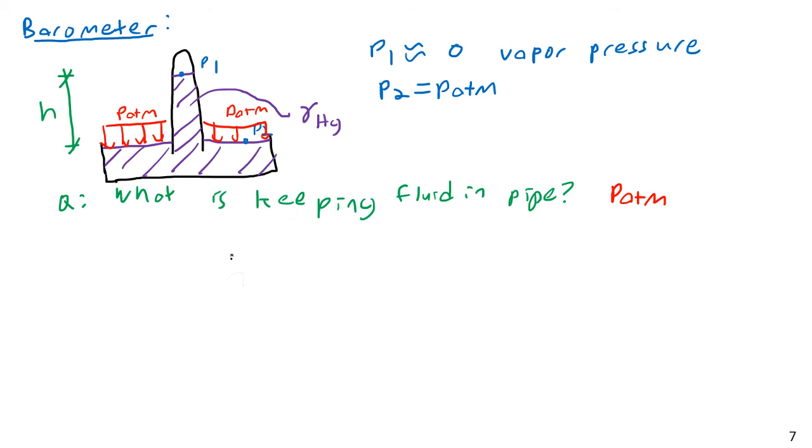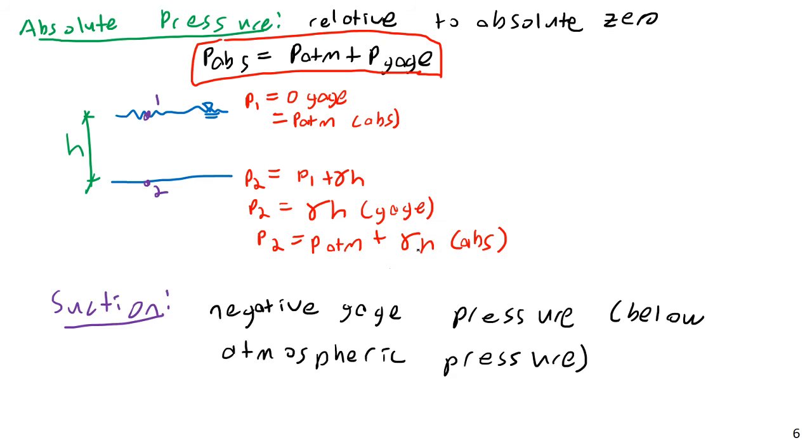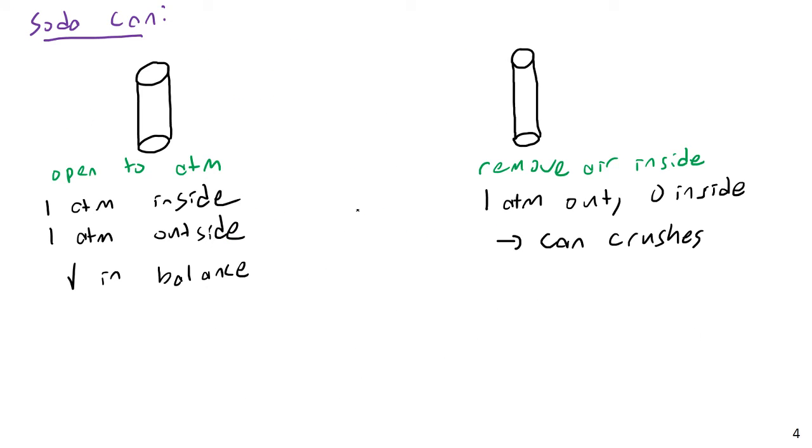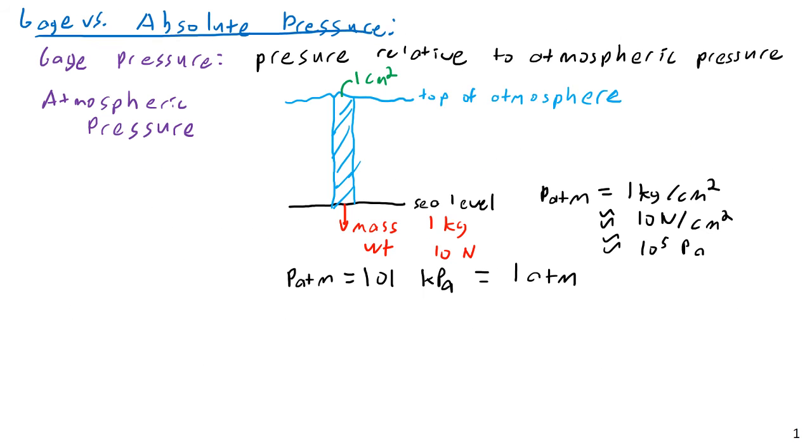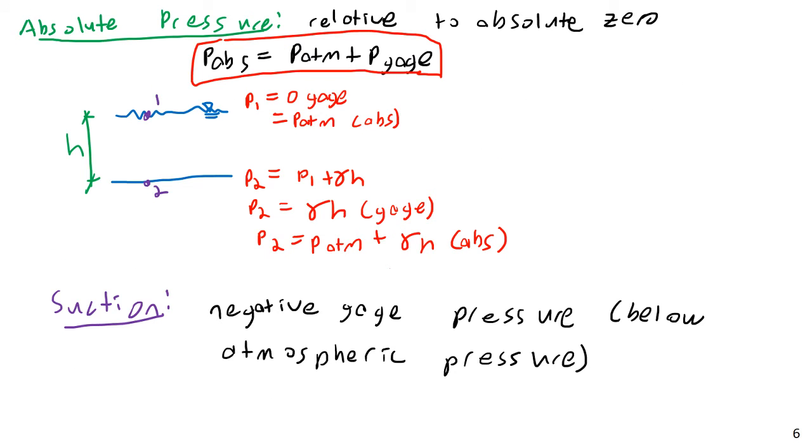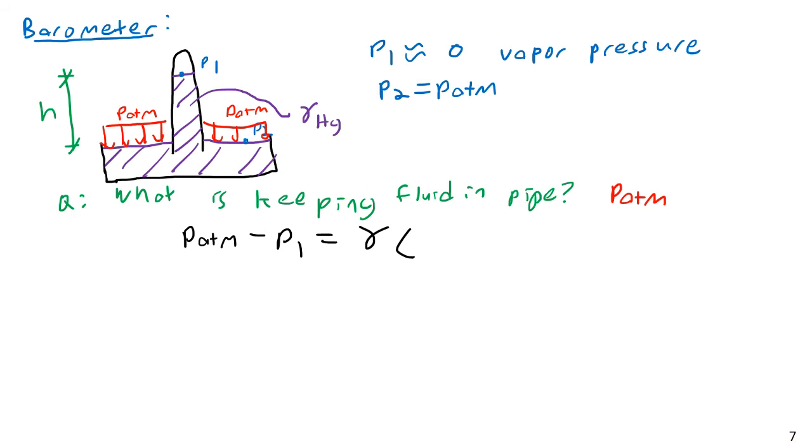So I could say P atmospheric minus P1, I'm just comparing the height from Z1 to Z2, is equal to gamma. All I'm doing is running through our increase in pressure with height equation from the previous lecture.